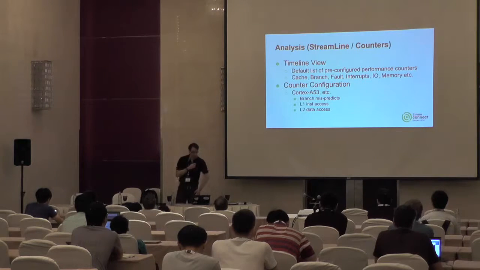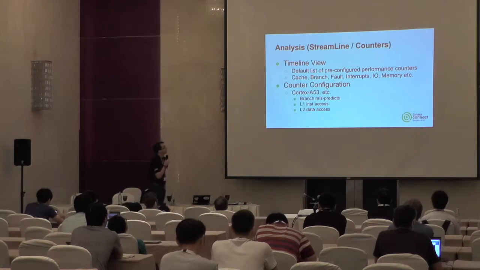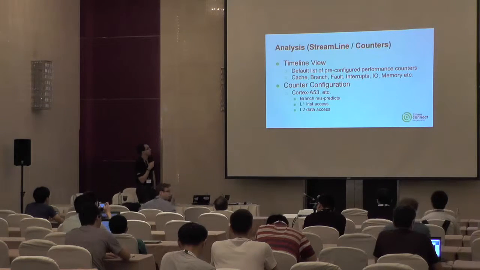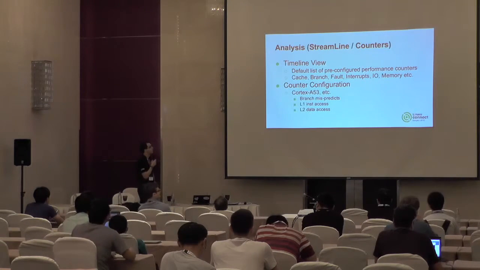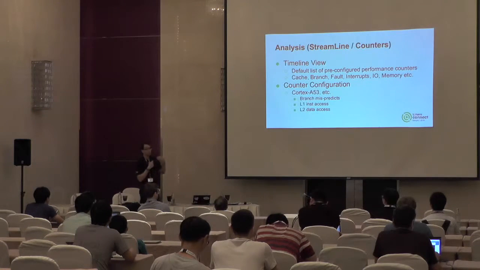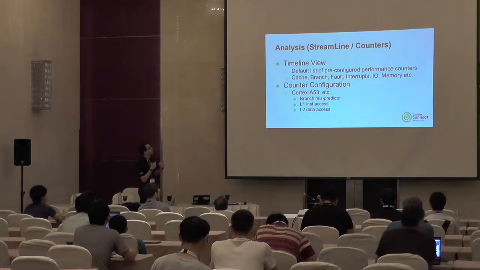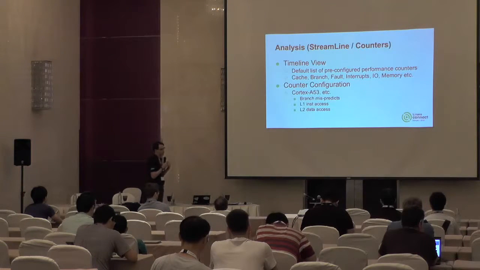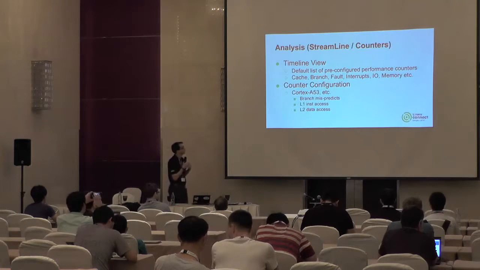So by default, the timeline view, which I'll show you in a moment, has a default list of pre-configured performance counters. So you can see some general cache performance counters, branch mispredicts, for example, faults and interrupts, and I/O and memory performance. But you can configure which counters are gathered during your capture as well.